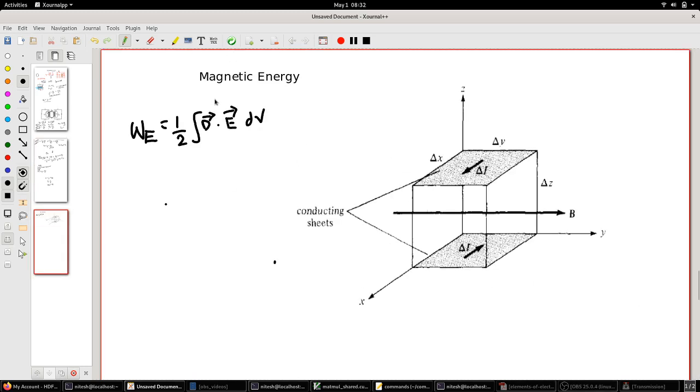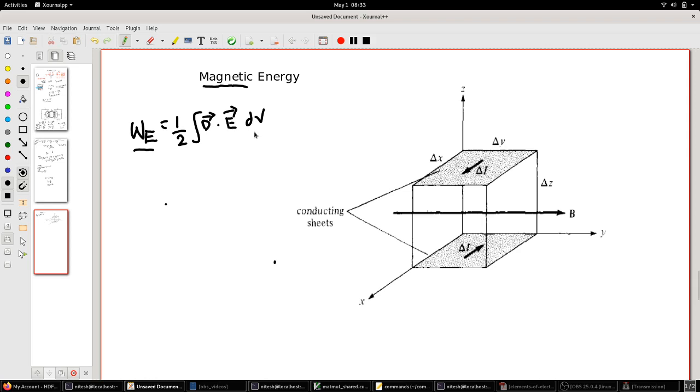Now, just as we derived an expression for electrostatic energy, the potential energy in an electrostatic field, in the same way we will try to find the expression for magnetic energy. We know the energy in an electrostatic field is given as 1/2 integral of D dot E, where D is the electrostatic flux density and E is the electric field strength.